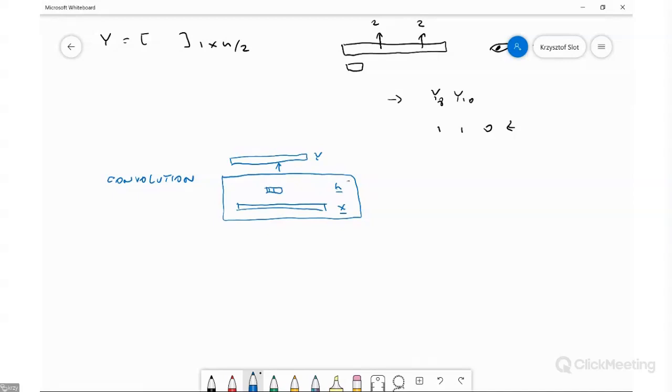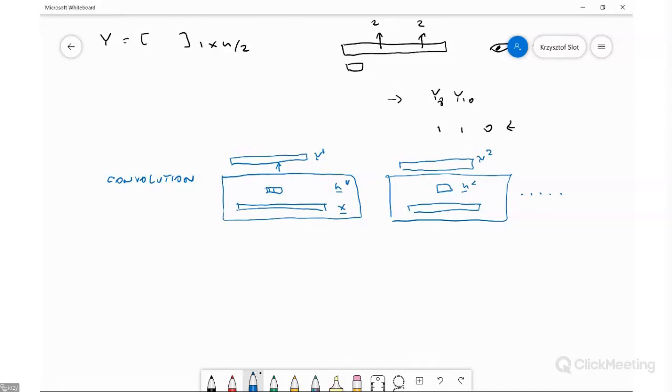If I have a filter h1, this will be y1. But obviously, if I apply a different filter to this, so I have a different filter right now, h2, the same input, obviously the outputs will be different.